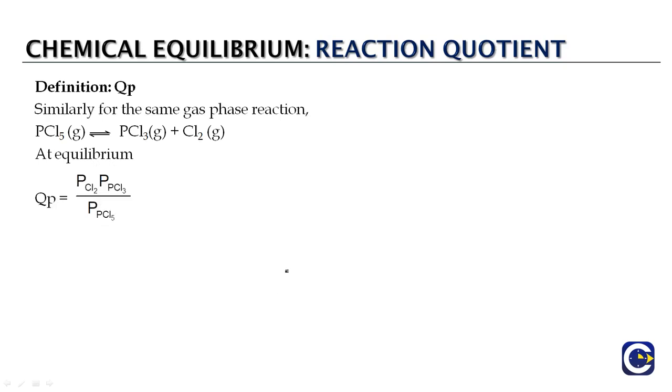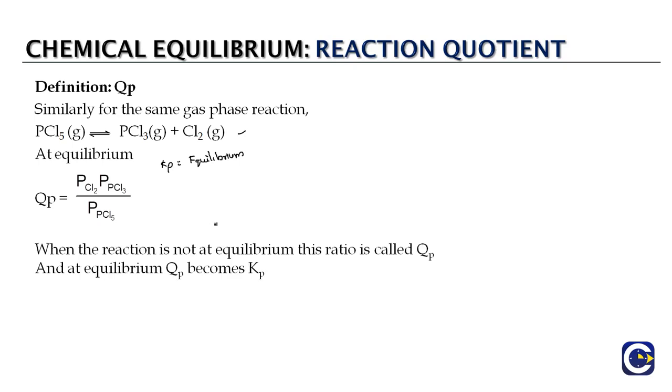Now similarly for the gas phase reaction, of course the example we took itself is a gas phase reaction, we can even have Qp, which is expressed in terms of the pressures of the gases. Now just like the way we have the Kp, so Kp is nothing but the pressure of Cl2 into pressure of PCl3 by pressure of PCl5, but all these pressures are measured at the equilibrium stage, and we take the same ratio of the pressures at any given stage, then that is what we call as reaction quotient expressed in terms of pressures.